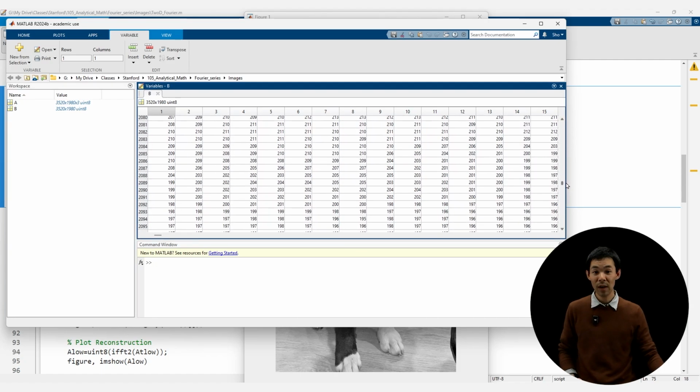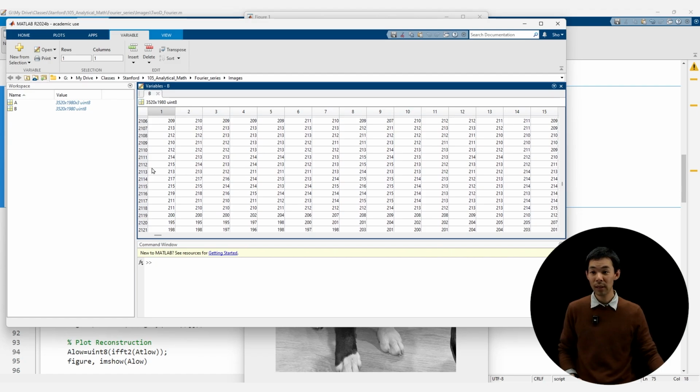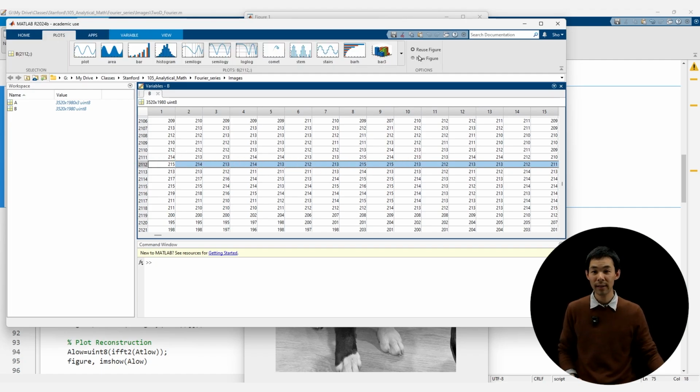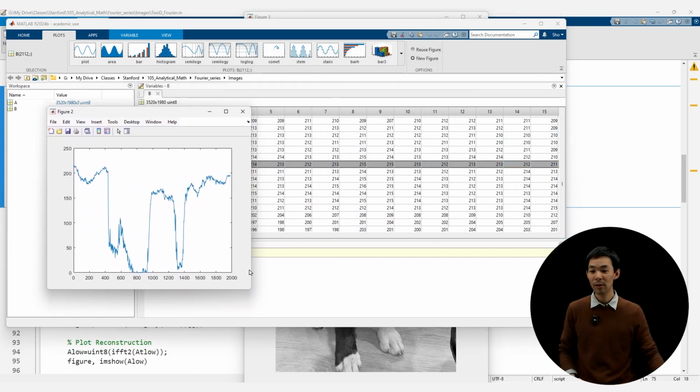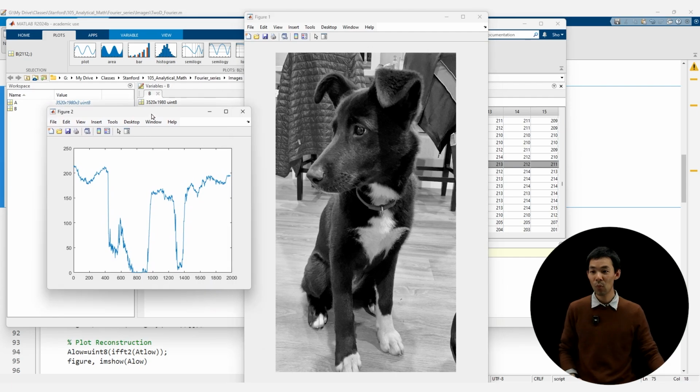So for example, if I were to go down somewhere along here, and now I'm highlighting the entire row for this particular row, and if I were to plot this row, a 1D cross-section. So what I'm plotting here on the left is a 1D cross-section of probably somewhere along here.